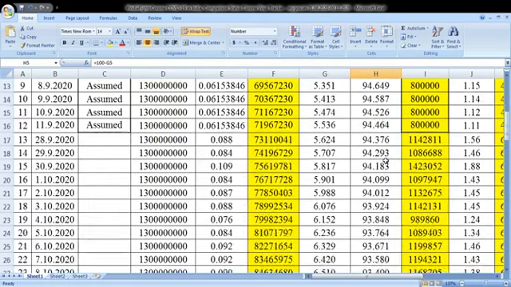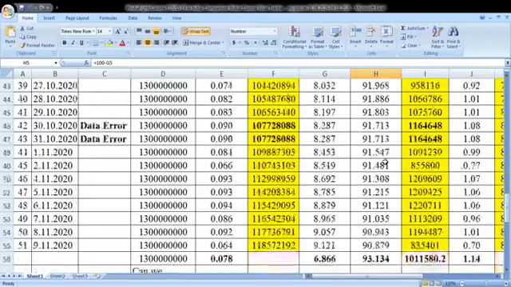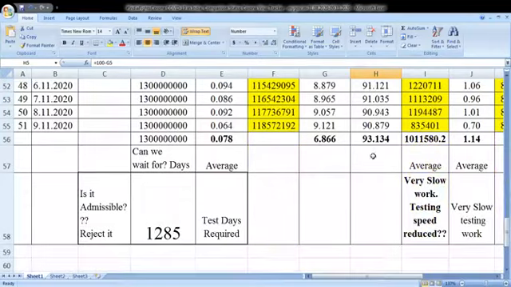So this is how many people are left on that day. Here 90.879 is left till today, which means 9.121% is tested, and this is left. This is what is formalized.